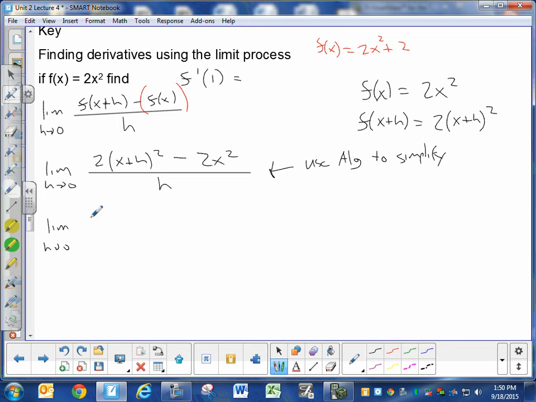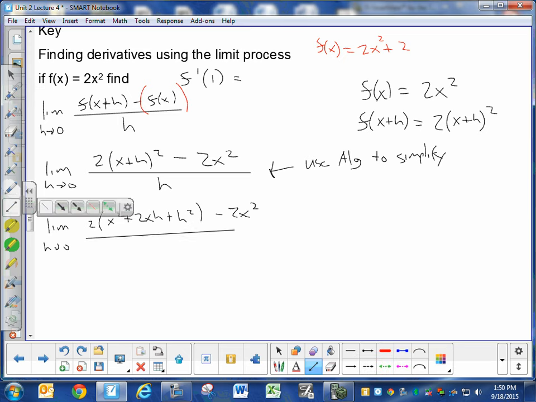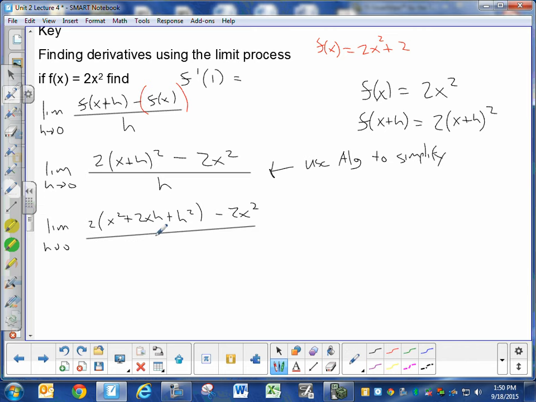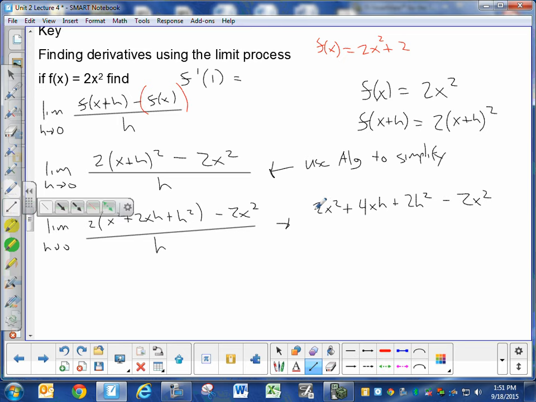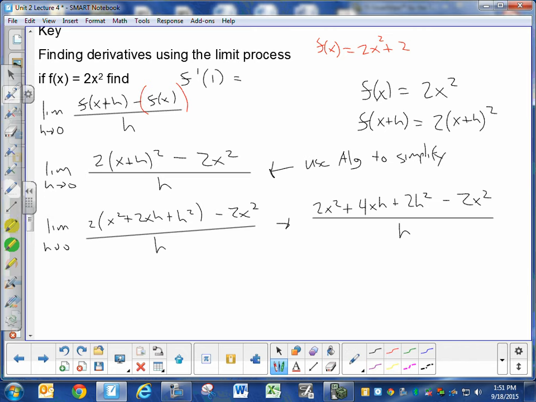Limit as h approaches 0, I'd have 2 times x squared plus 2xh plus h squared minus 2x squared over h. I can then distribute. What happens? That and that disappear.